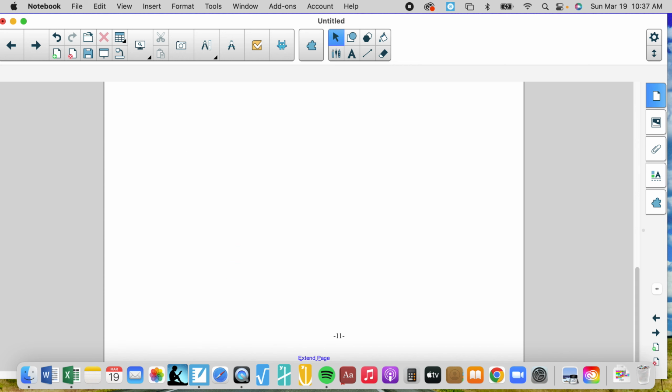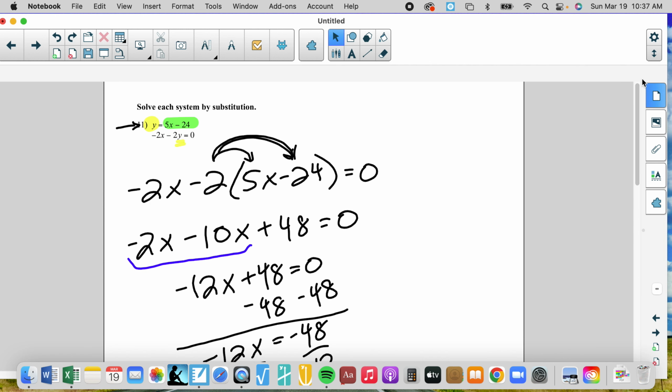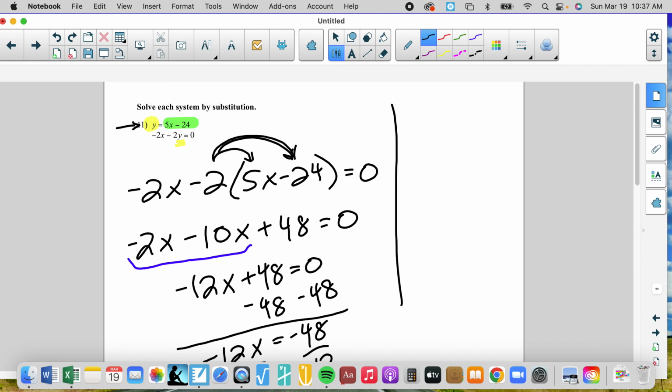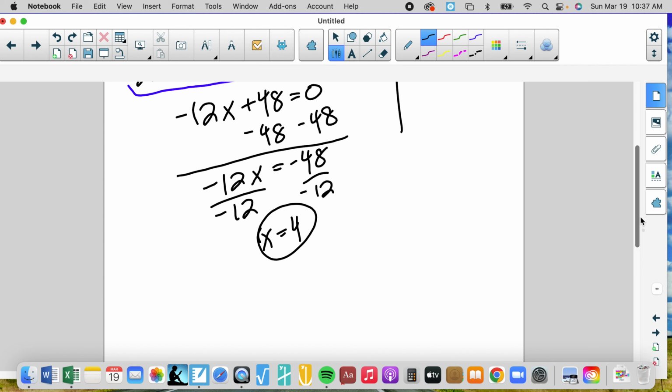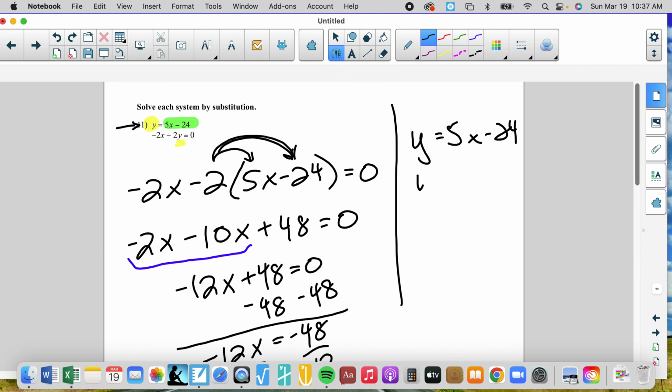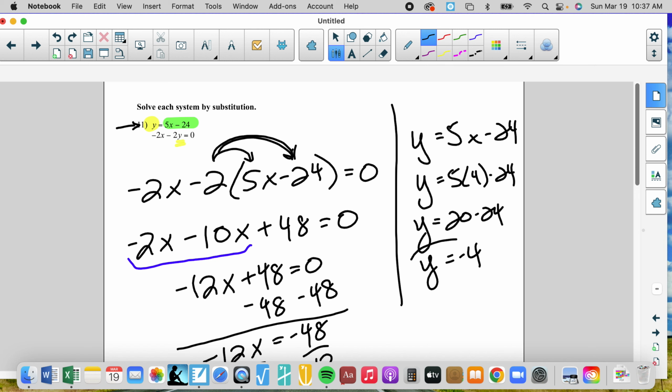Oh, did you see that? That was almost a problem. That's right. So we're going to take that top equation, y equals 5x minus 24. We're going to take this value for x equals 4, and we're going to plug it in to the top equation. We get y equals 20 minus 24, y equals negative 4.